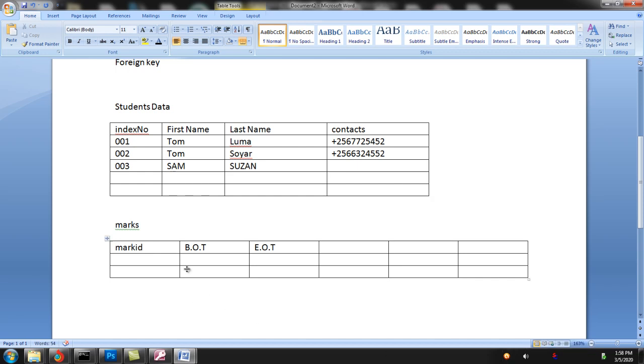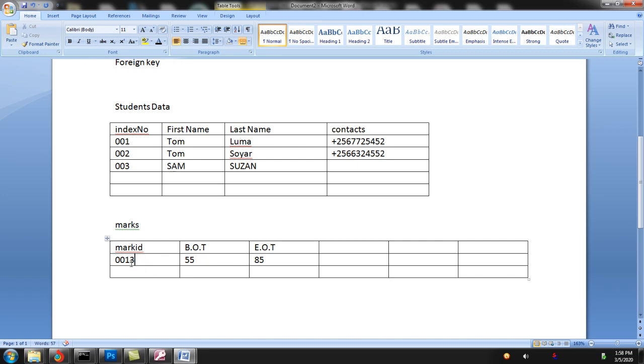Alright? So we have the first record of the mark. This person has scored 55%, and he has also scored 85%. So this record will be identified by its record ID, 001 or 003 or 13.